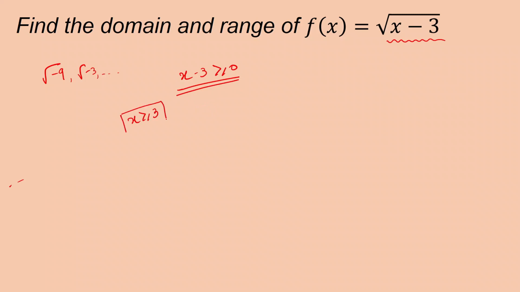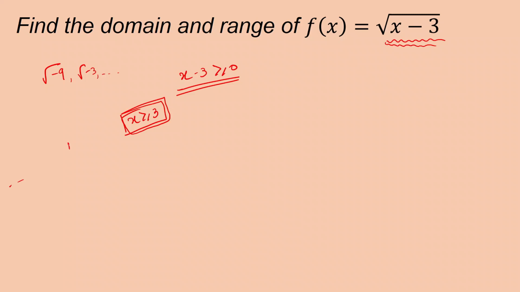This is the domain. Remember, we are not going the other way around. We are not finding those values of x for which the function is undefined. Rather, we straight away found those values for which the function is defined. We need x greater than or equal to 3, because if you take anything less than 3, it will give you negative numbers inside the square root, for which the function will be undefined.